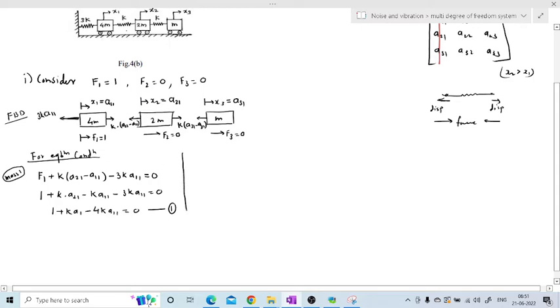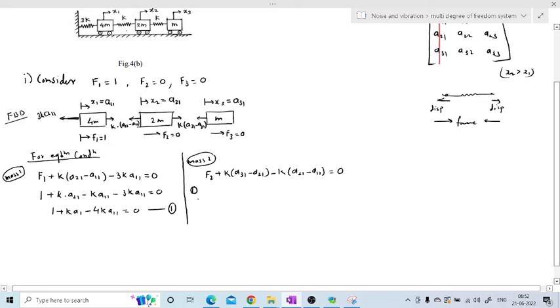Similarly I'll write for mass 2. So just check for mass 2. Now for mass 2, F2, which is on the right side, then this force plus K (A31 minus A21), then this force which is on the left side minus K (A21 minus A11) will be equal to 0. Okay, now multiply by K inside this bracket. So F2 is nothing but 0.